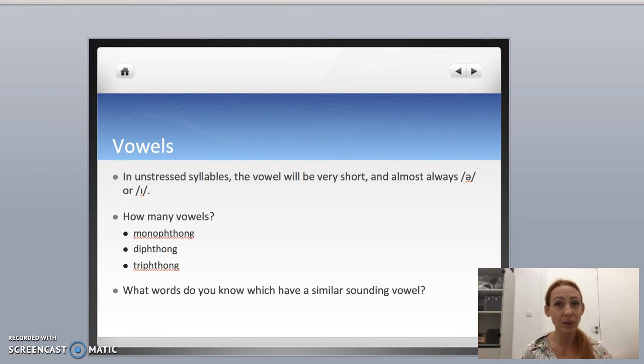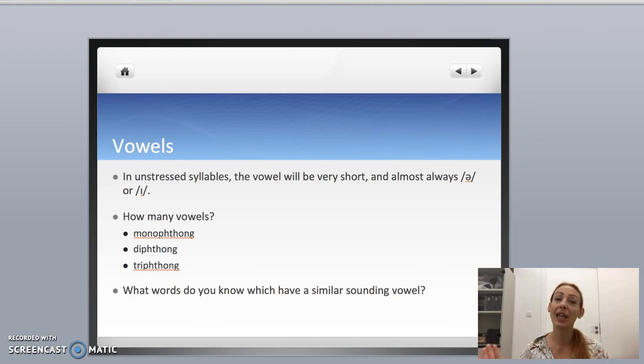And in those syllables, the vowel is also going to be very short. And that means that in English, it will always be either a schwa, or a short e. So with the unstressed short syllables, we already know what vowel it's going to be.